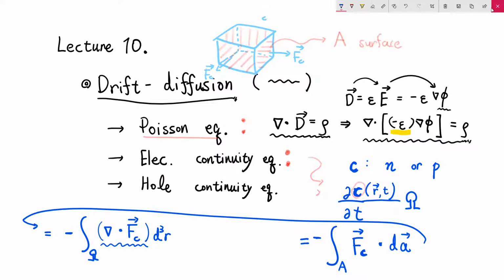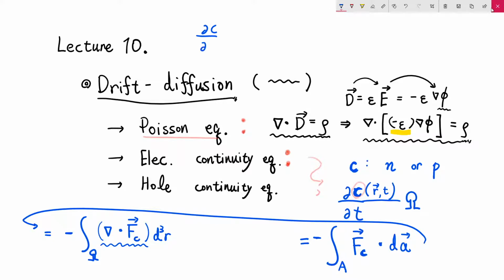Let me just finalize our discussion about this form. Currently we are talking about a small volume called omega, and its surface is called A, and then for that situation we will have omega, and that will be given by this form, omega and Fc.